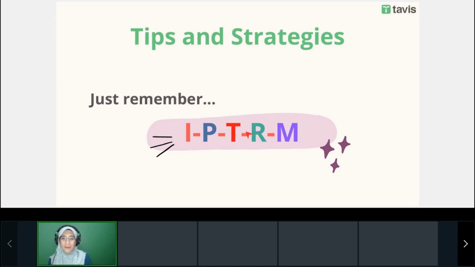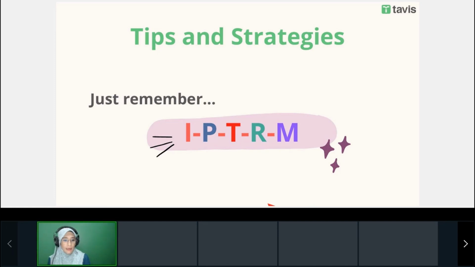And a lot of you may remember IPT, like IPTS, IPTA, right? After this, you're going to a university, a college, right? So IPTS or IPTA. So I took it out as IPT and RM. I hope you can remember this IPT, RM.